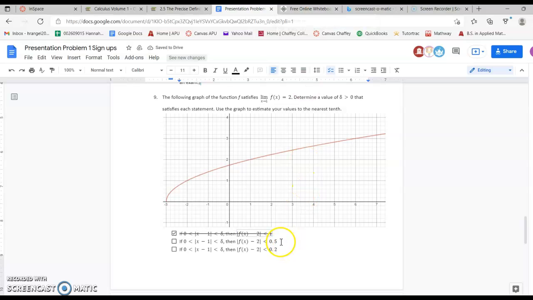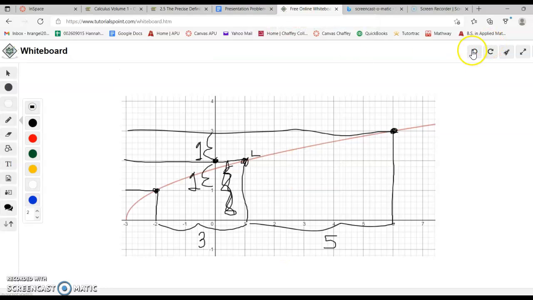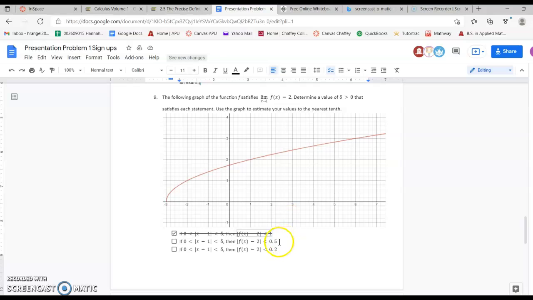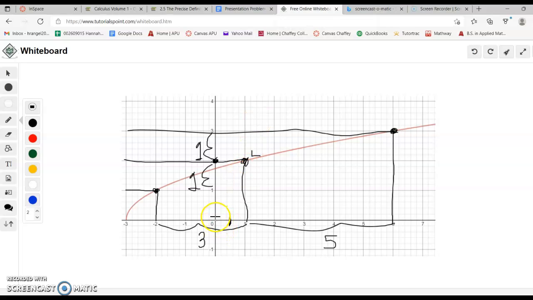Now when looking at 0.5, erase this. 0.5 is about right here. So then we know that delta equals epsilon over 2. 0.5 is epsilon, so 0.5 divided by 2 is going to be 0.25, which on the graph is probably right here, or 1/4.